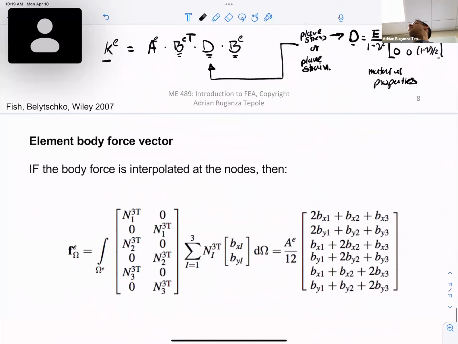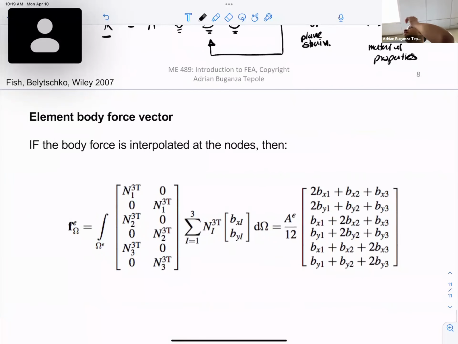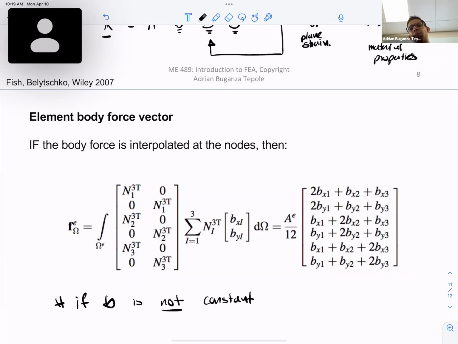And then the force vector is the integral. I had done this before. It's the integral of the shape functions times either X or Y. This is in particular if the body force is not constant.